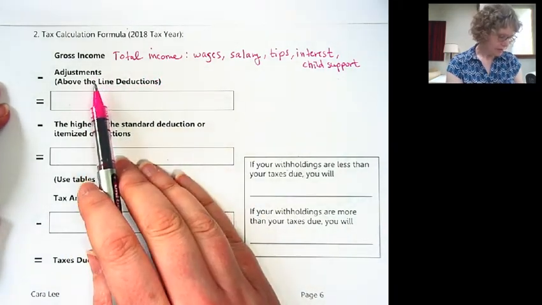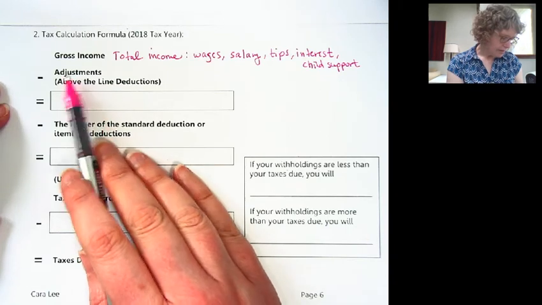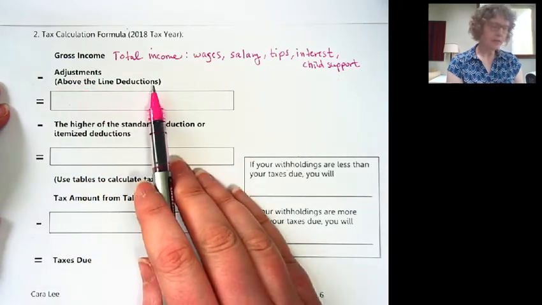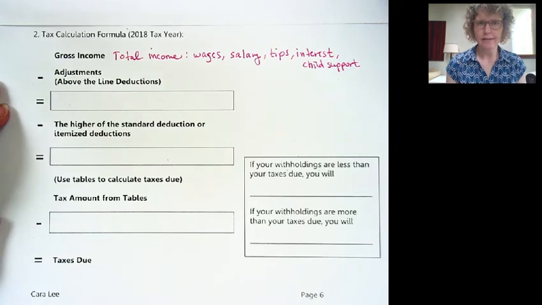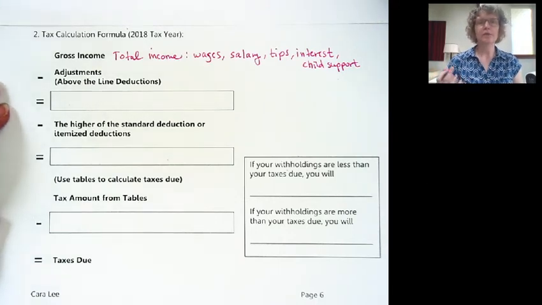First of all, there are some adjustments. These above the line adjustments are things that are taken out pre-tax. For example, if you have any retirement savings like a 401k or IRA, or if you pay for part of your benefits through your employer, those are all done pre-tax.